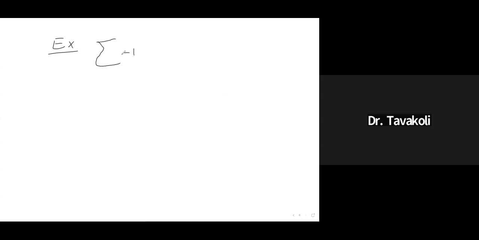Sigma of -1 to the power of k plus 1 times 1 over k, what do you think? Is it absolutely convergent or conditionally convergent?